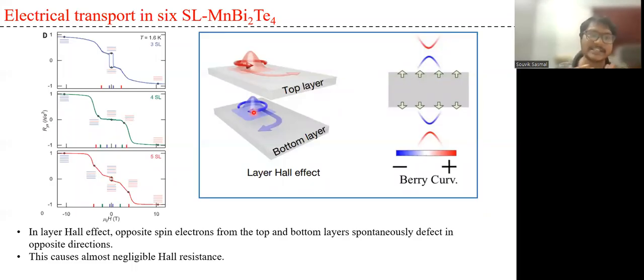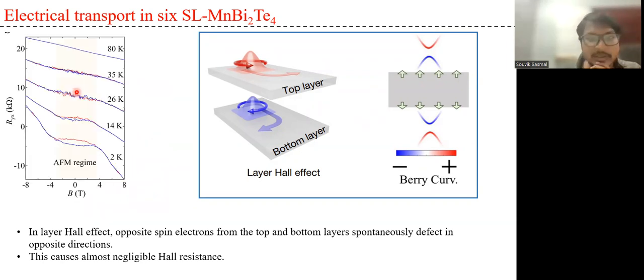This cancellation leads to the observation of negligible Hall resistance in MnBi2Te4 at a particular field. When they increase that field, it leads again to quantized Hall steps, and these are the quantized Hall steps.